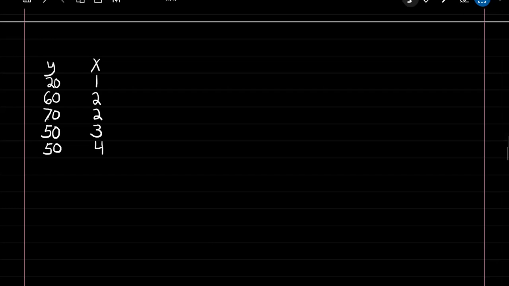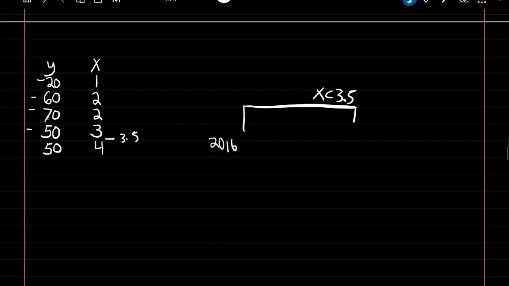And then we have one possible split remaining, which is going to be between 3 and 4, or at 3.5. So if we build this split, if x is less than 3.5, on the left we'd have observations 1, 2, 3, and 4, so 20, 60, 70, and 50.